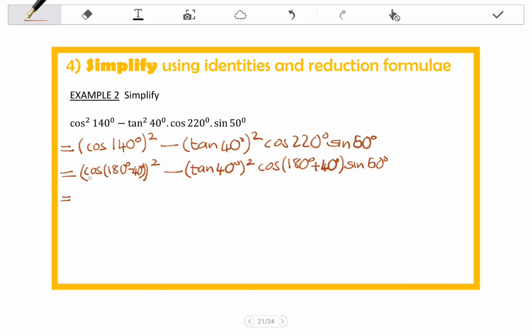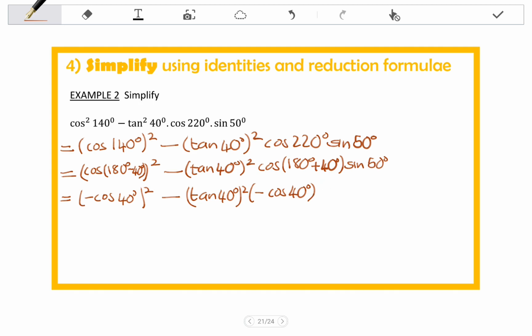Okay, so if we look at the first bracket, second quadrant, this reduces to (negative cos 40 degrees) all squared minus, then I have the (tan 40 degrees) squared, then this cos in the third quadrant reduces to negative cos of the acute angle, and then I have sine 50.